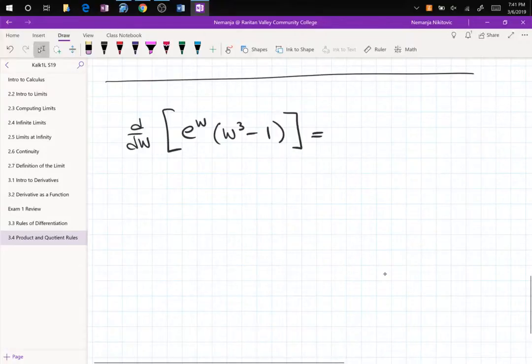Are you counting these as separate functions? Yes. So you have your f and you have your g, or if you want to use u and v, doesn't matter.